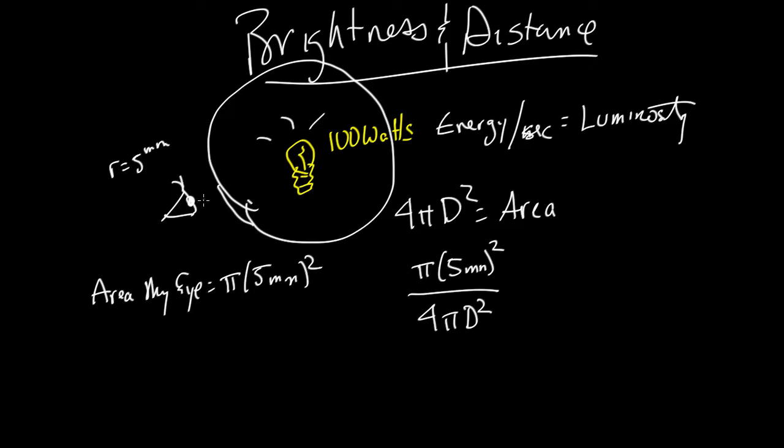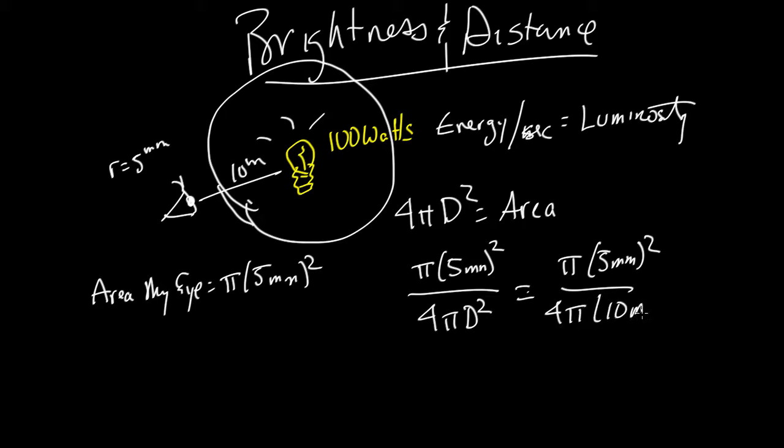So if I were, for example, 10 meters from that light bulb, then the fraction of light that my eye intersects is going to be given by the quantity of pi, 5 millimeters squared, divided by 4 pi, and then that distance is going to be 10 meters squared. And I can cross out the pi, and I can change my units of millimeters to meters, and we get a very small number of 2.5 times 10 to the minus 7. So I get less than a millionth of the light of that light bulb.